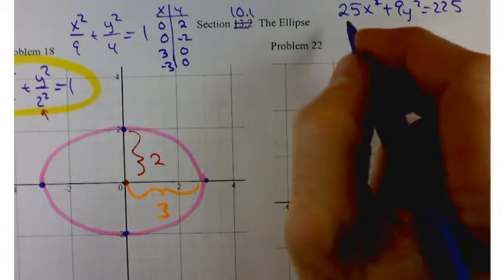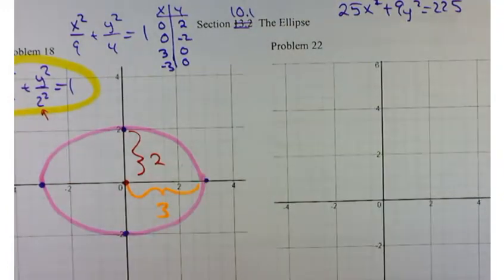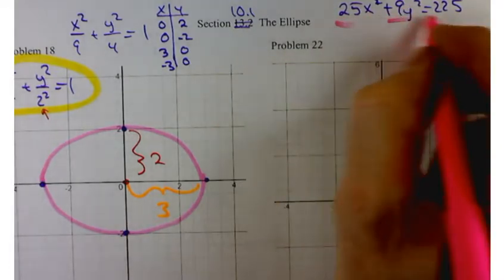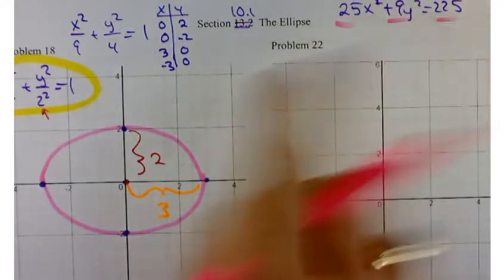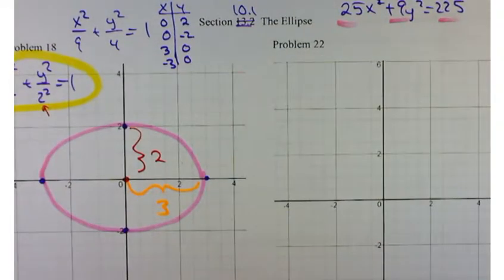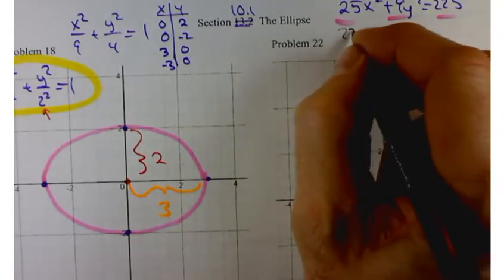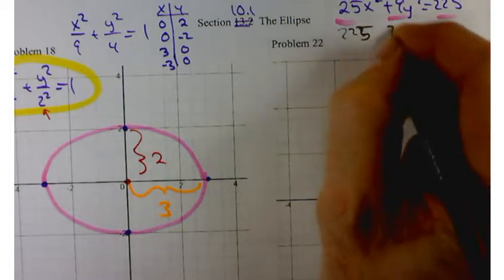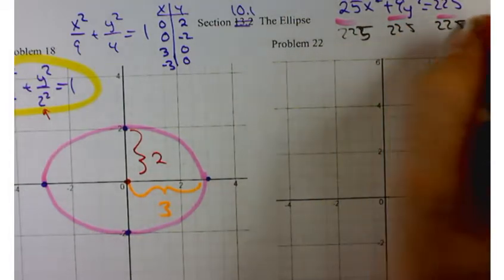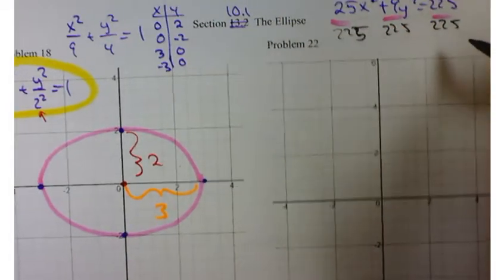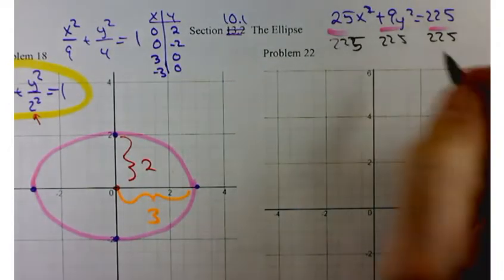Well, the first thing I would do is divide everything through by 225. I need to get 1 on the right-hand side. So 225, 225, 225, and success. I got 1 on the right-hand side.